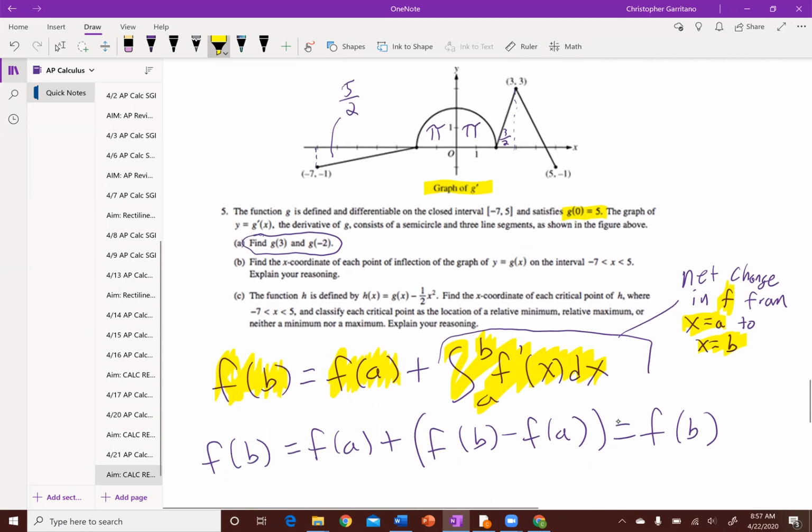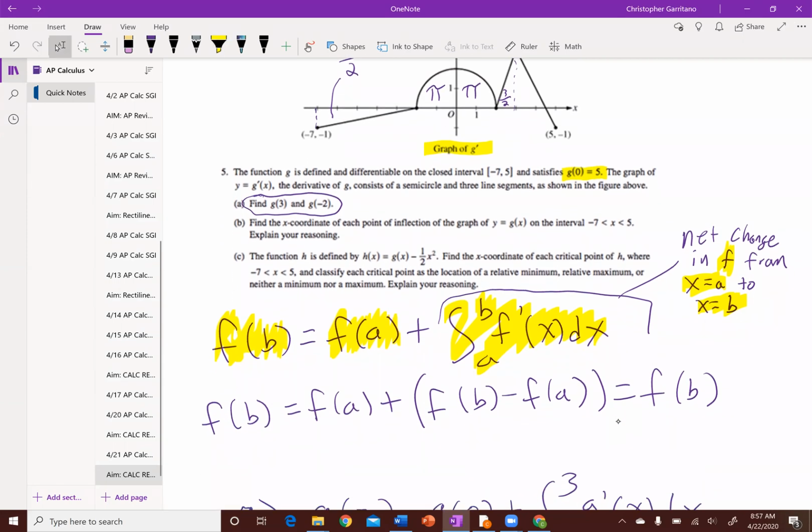Another more explicit way of thinking about this is, if I explicitly evaluate this definite integral, fundamental theorem of calculus part 1 tells us that this will be equal to f of b minus f of a. Well, if I take f of a and I add to it f of b minus f of a, what am I left with?